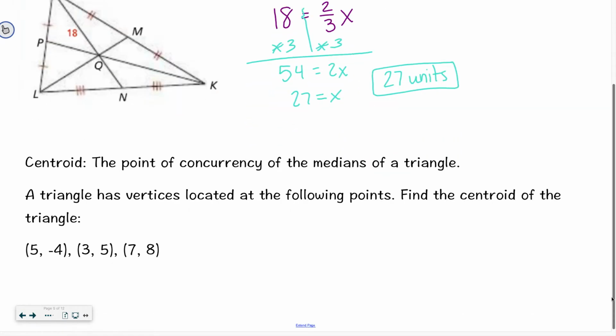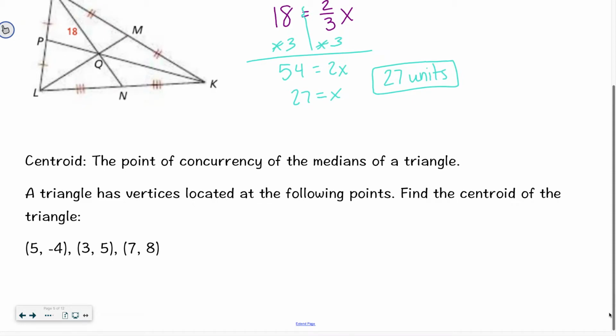Now, another thing that we can do with centroids is if I give you a coordinate plane and 3 vertices, or a triangle drawn on a coordinate plane, you can still find the centroid without having to do distance formula. It's way easier than that, okay? So if a triangle has the vertices located at the following points, find the centroid of the triangle.